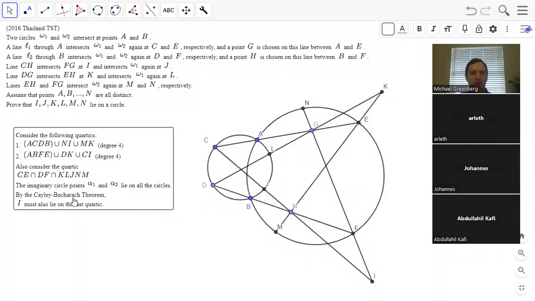So what does the Cayley-Bacharach theorem state? This works for curves of degree 3 or higher. In this case, we use degree 4. So we have 2 curves of degree 4 that intersect in 16 points.